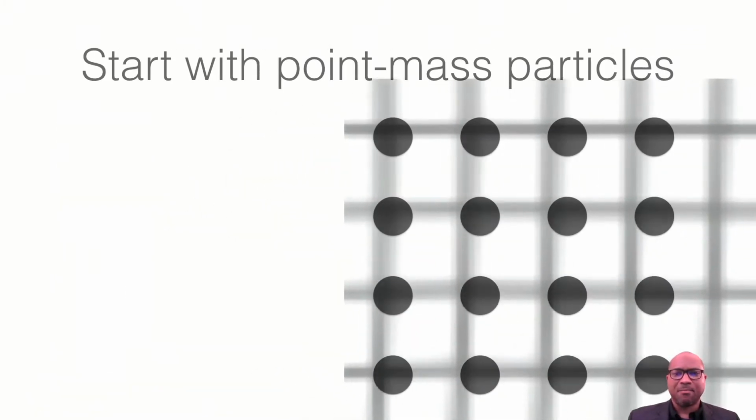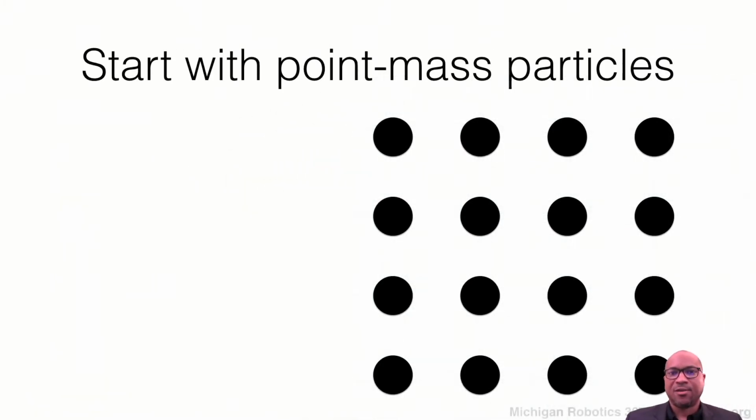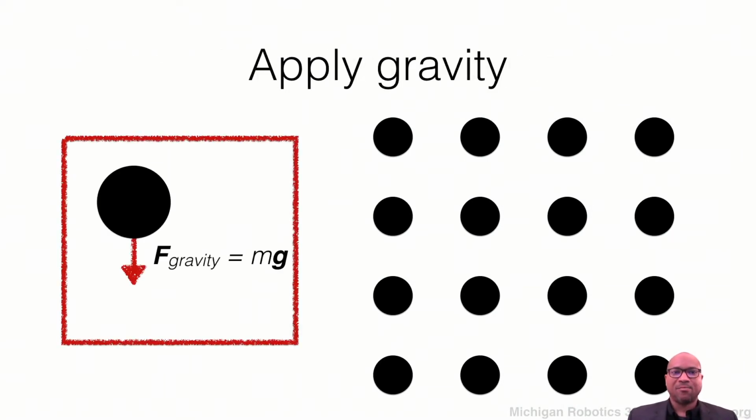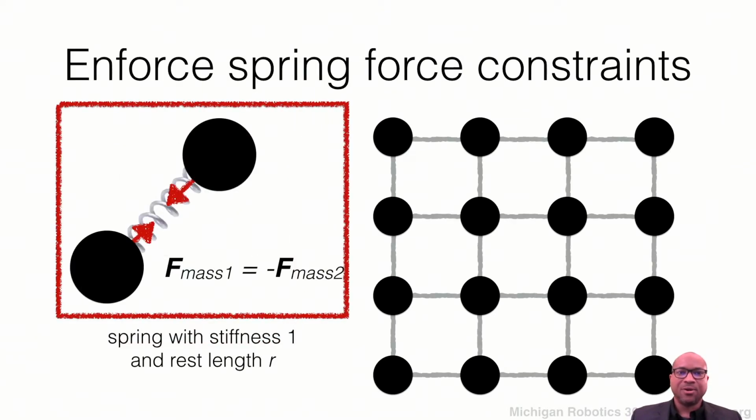If we wanted to make this on our own, we would just start with point mass particles. At every time step, we would apply gravity to them, and that would make these particles fall down. But in addition, after we did that, we would apply the spring force constraints that would make sure these particles kept a particular distance from each other and tried to remain there as well as possible.